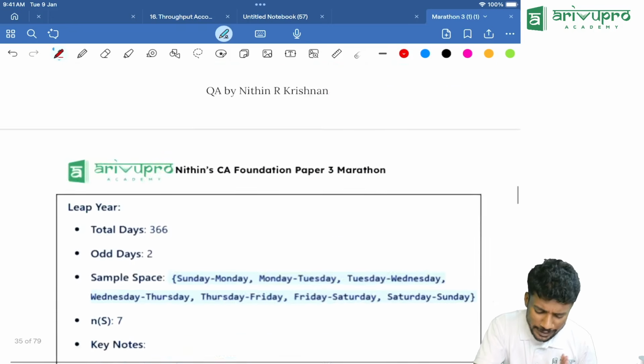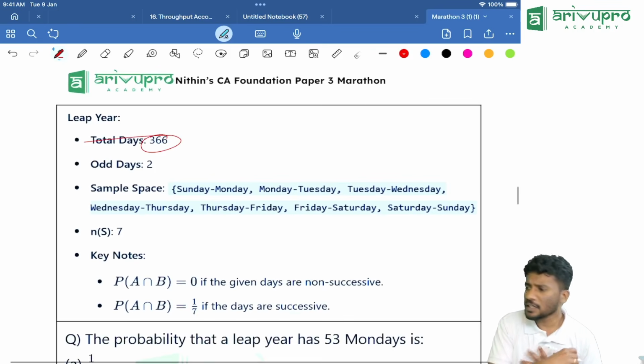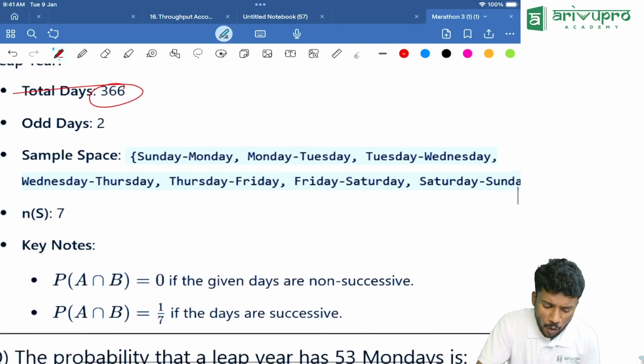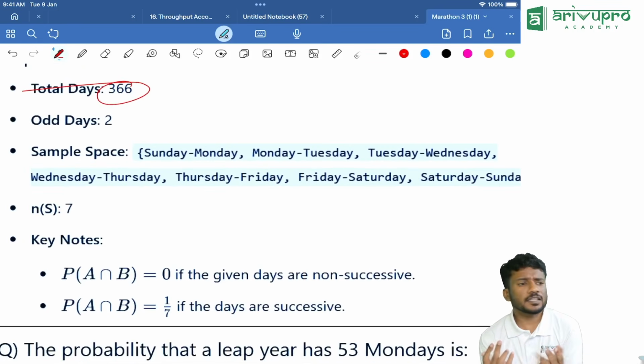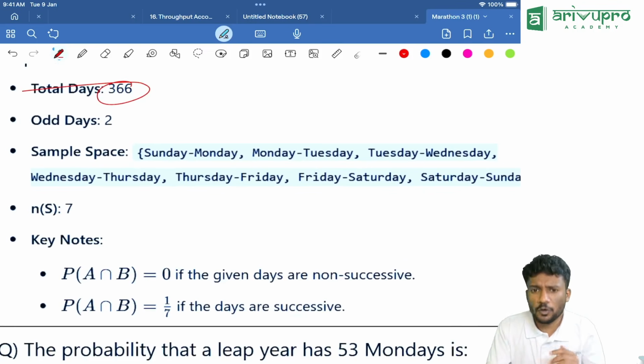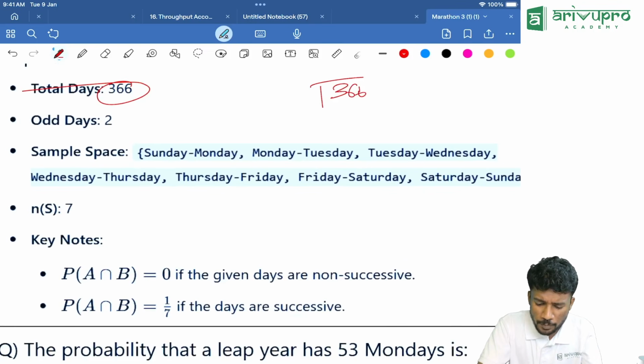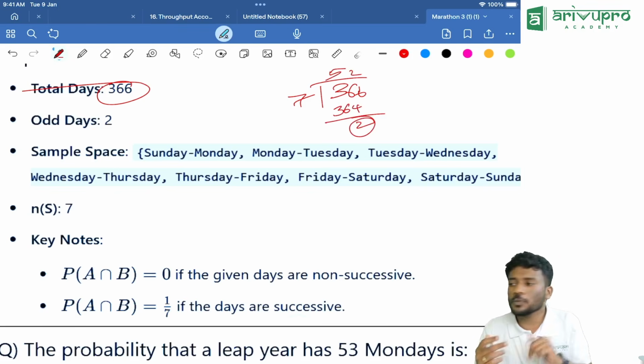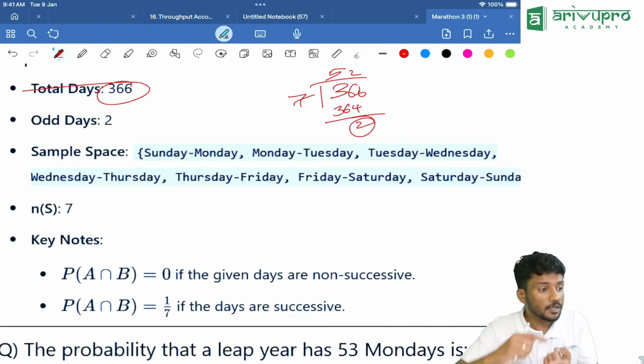Now, coming to leap year. How many days are there? 366 days. How many extra days are there? 2 extra days. When we do 366 divided by 7, 52 will be there, 364 will be there, then a remainder of 2. Those two remaining days can be Sunday, Monday.